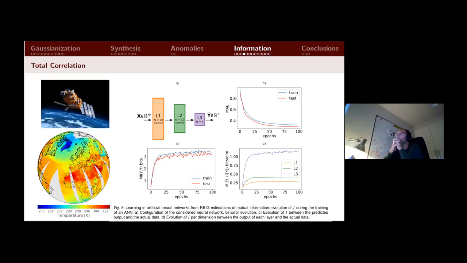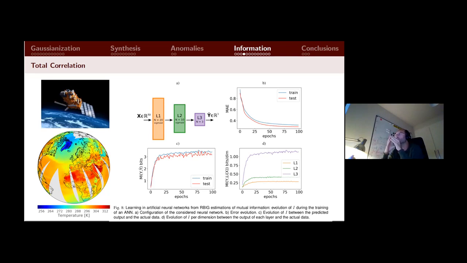levels. But the interesting part here is how can we use the mutual information, let's say, derived from RBIG, to estimate how the network is learning. So what we did here is, for instance, in the bottom left, we show how the mutual information between the predicted and the actual output evolves consistently with mean square error for the training and the test set. This is nothing new.